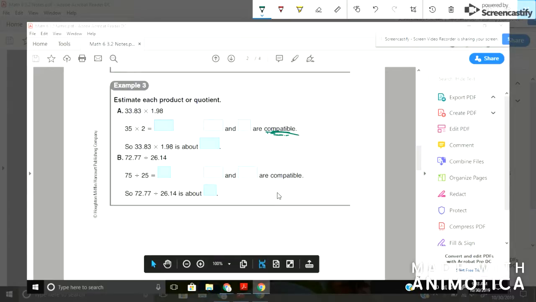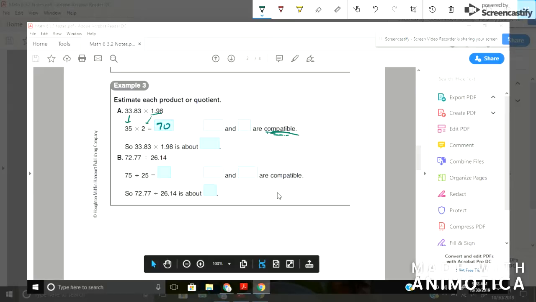So for letter A, it says 33.83 times 1.98, okay? And what are two numbers that are close to these numbers that when we multiply them, we'll get pretty close to a nice, neat whole number? Well, if we were to round 33.8 to 35, and if we were to round 1.98 to 2, 35 times 2 would give us a total of 70.